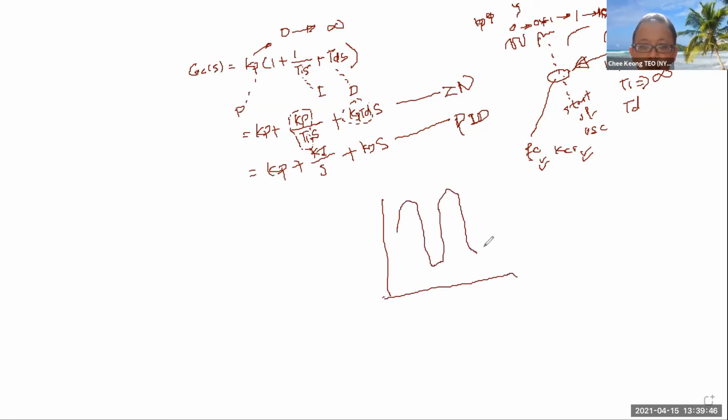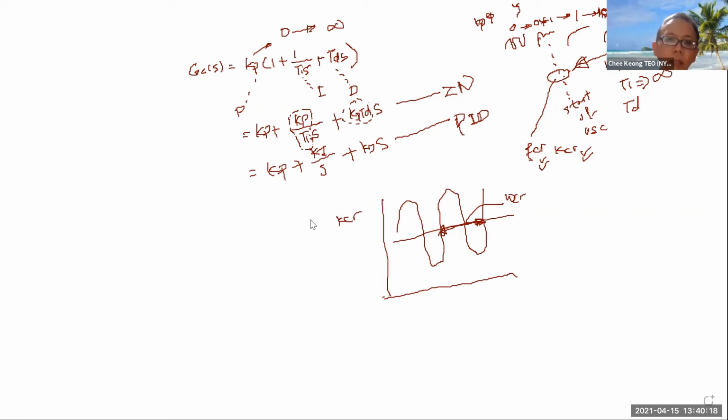This frequency will be your omega Cr, which is 2 times FCR, the frequency of oscillation. Whatever gain you achieve at the start of the oscillation will be your KCR. That's what Ziegler-Nichols is all about.